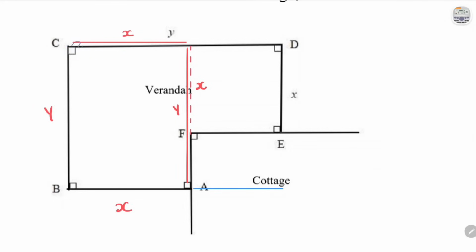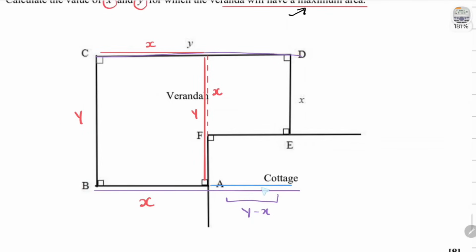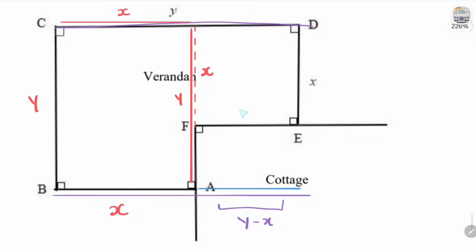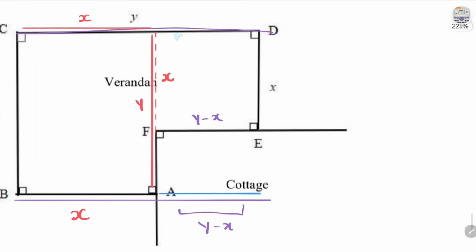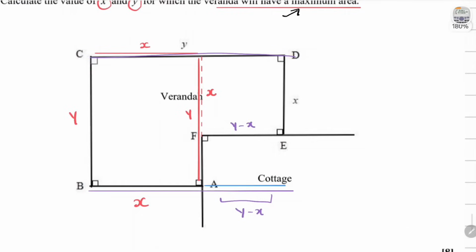We could take the entire length of y and say minus x, and that would be this little part over here. That's y minus x. Okay, so that's one part that we need to put down. So we now know that FE is y minus x. And then this is enough. We have a length and we have a width, so that can find the area.